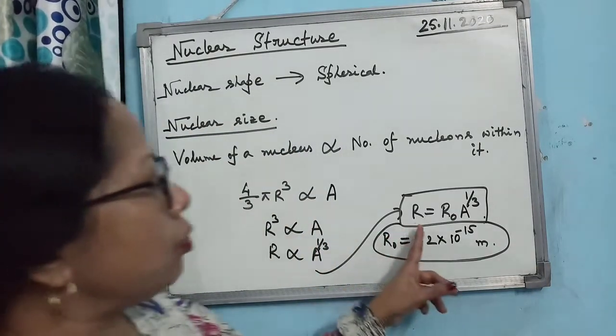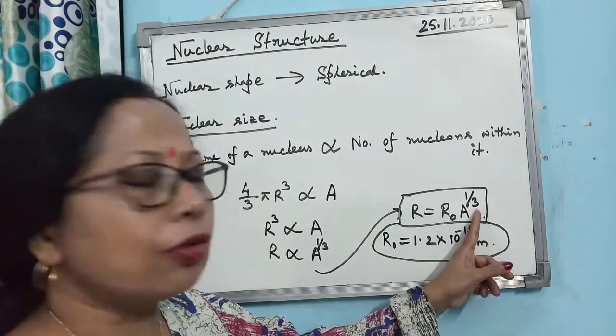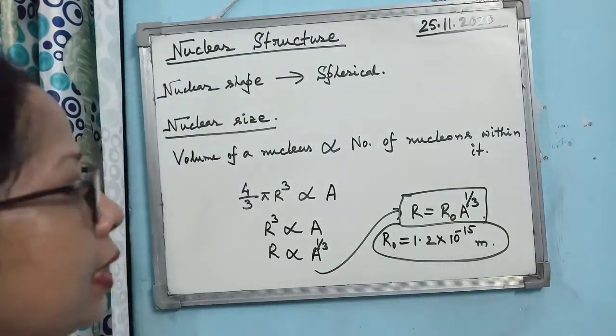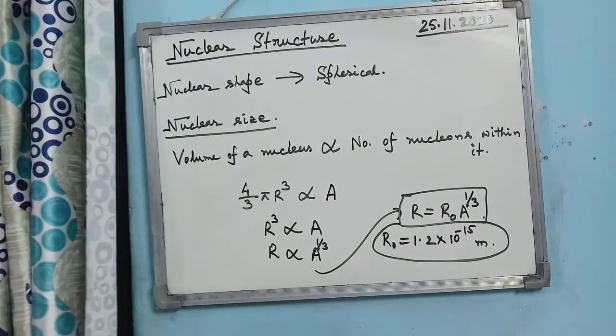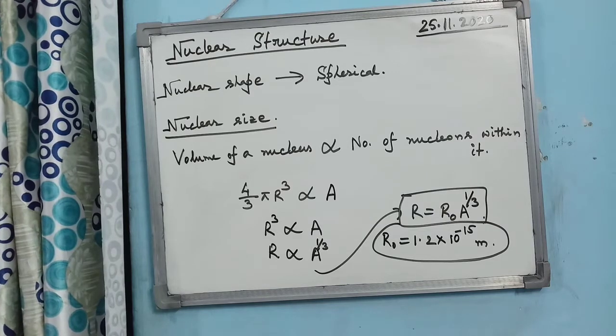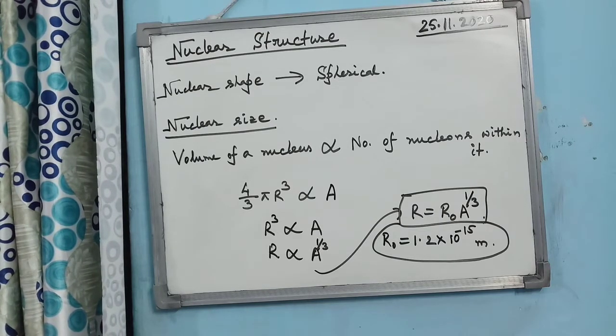The size of the nucleus is given by R equal to R naught A to the power 1/3, where A is the mass number of the nucleus and R naught is 1.2 into 10 to the power minus 15 meter. This is applicable for any kind of nucleus. That is the most important part you have to remember, not only for a particular special type of nucleus. Any nucleus of any atom obeys the formula R equal to R naught A to the power 1/3.